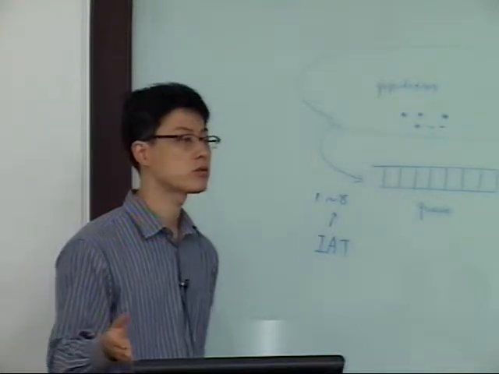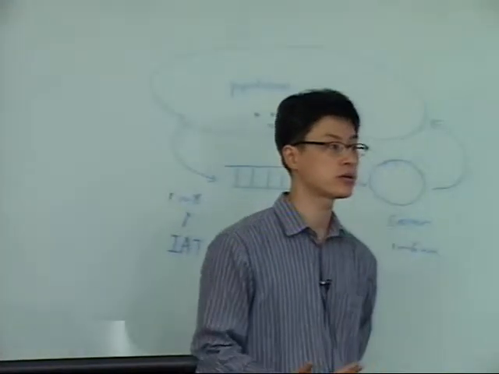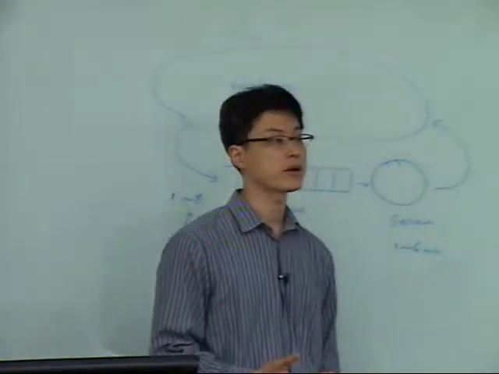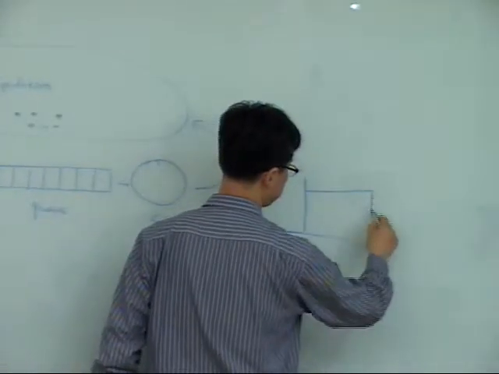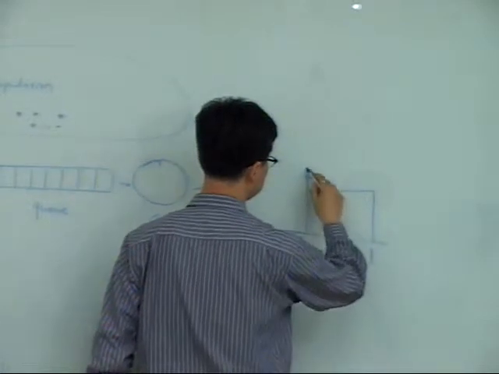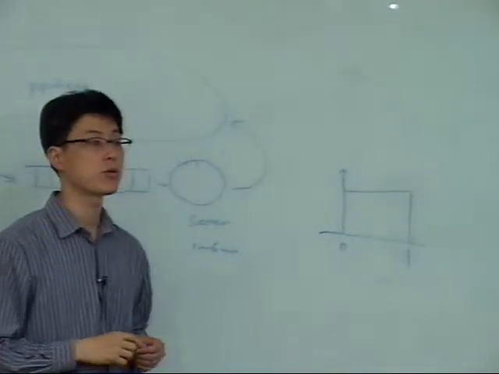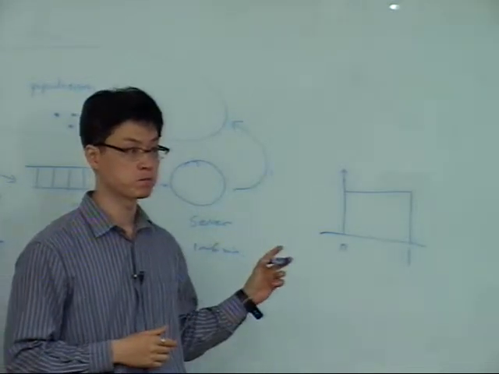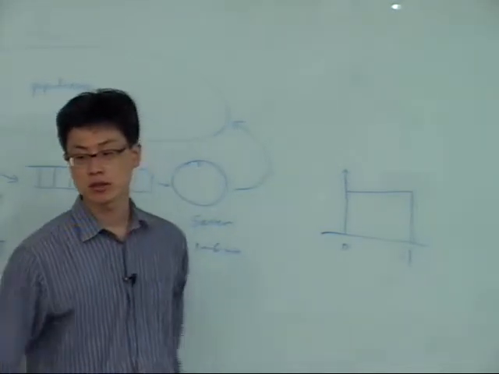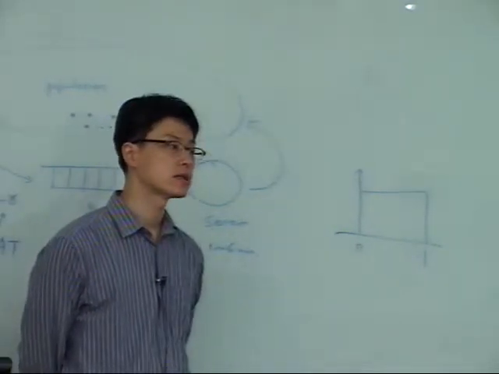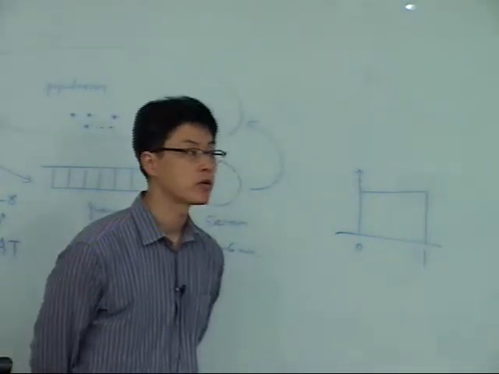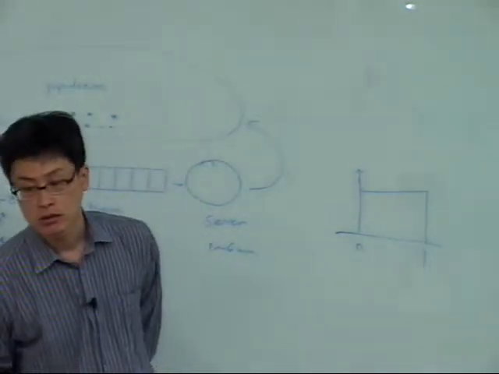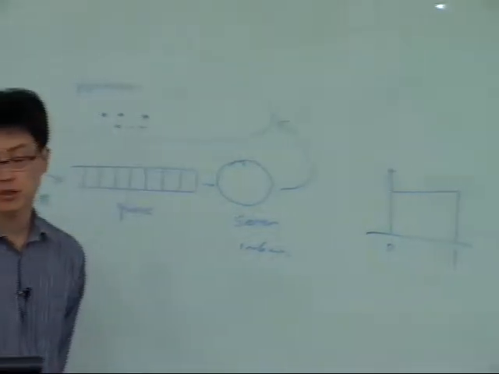And this random number generator inside of your calculator or computer is usually good at generating from 0 to 1 with uniform probability, right? Okay, we assume that this inter-arrival time is uniform, so we don't have to do this kind of step.